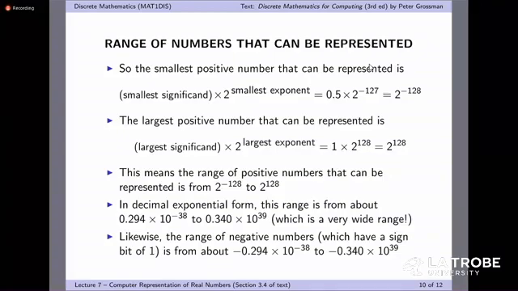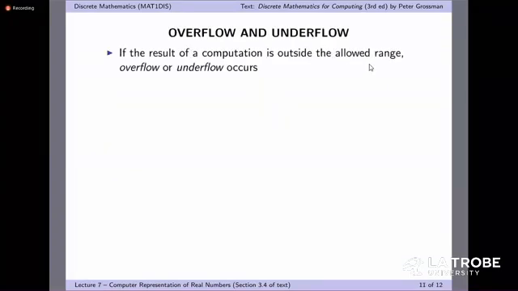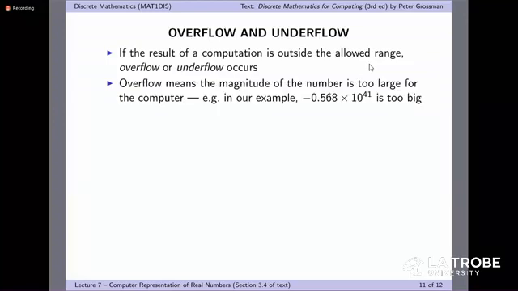Likewise, with negative numbers, you can put a negative sign there. We only explained for positive, but you can do it with negative numbers as well. Just like when we did the integers case, we have overflow and underflow. The same things happen. If the result of a computation is outside the allowed range, overflow or underflow occurs. Overflow means the magnitude of the number is too large for the computer.